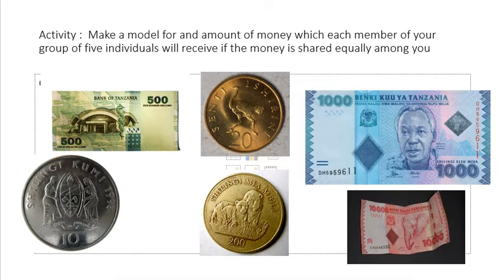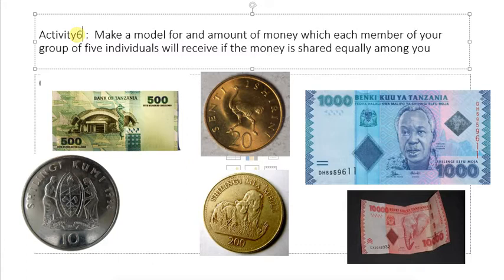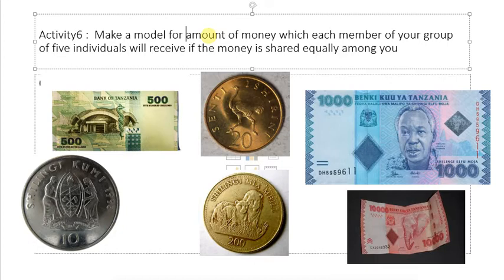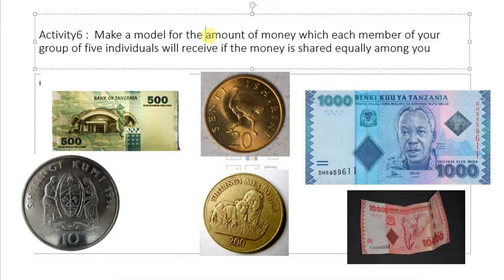Now, in your group, make a model. This is another activity, and it can be activity 6. Make a model for the amount of money which each member of your group will receive if the money is shared equally among you.